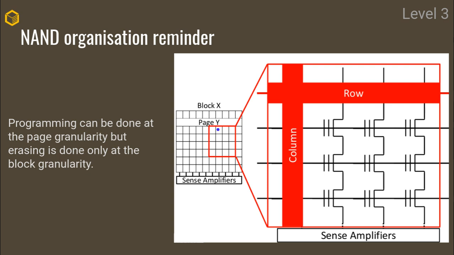And so, what if I wanted to add charges to one of the bits of my page? Well, I could, because I can program at the page level. But what if now I wanted to remove charges from one page of my cell? Well, I can't, except if I want to actually clean my entire block.